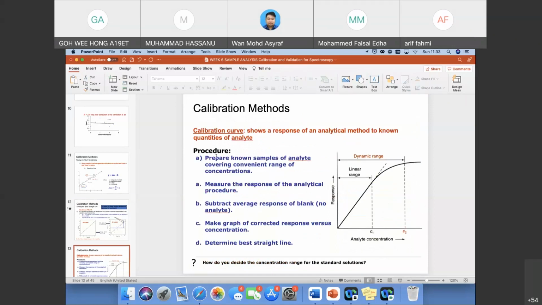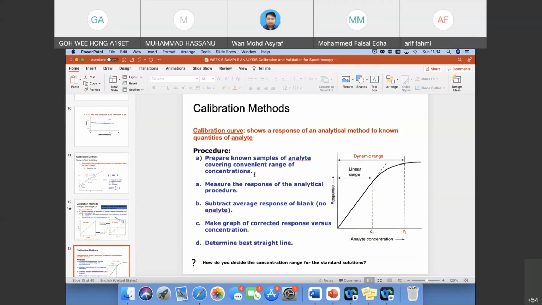All right. So how are you going to do your calibration curve? As I've mentioned before, you need to prepare known samples of analyte covering a convenient range of concentration.